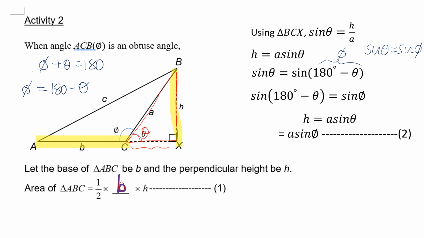Right, so since sine theta is equal to sine phi, I'm just going to replace the sine theta with sine phi. Therefore, h is equal to a sine theta, which is also equal to a sine phi. All right, so what are we going to do? We're going to substitute the letter h with a sine phi, and let's see what we get.